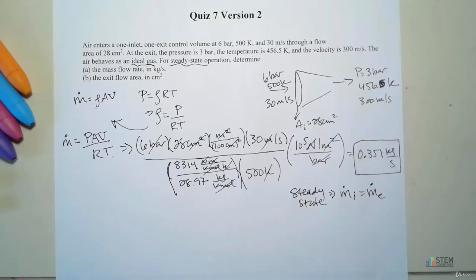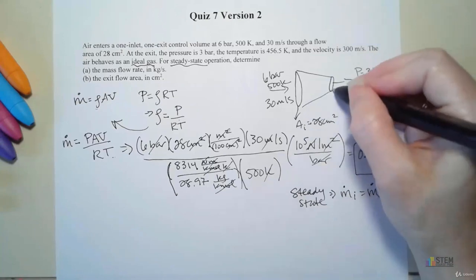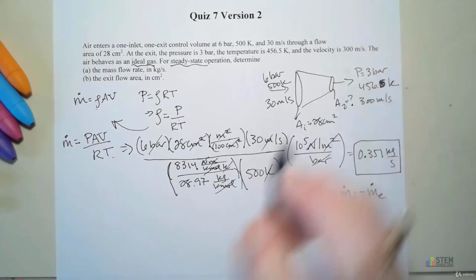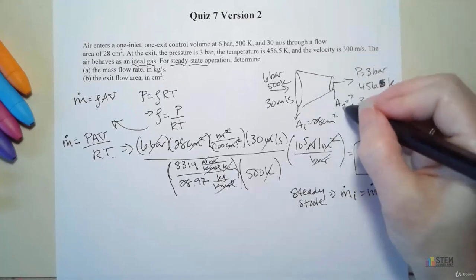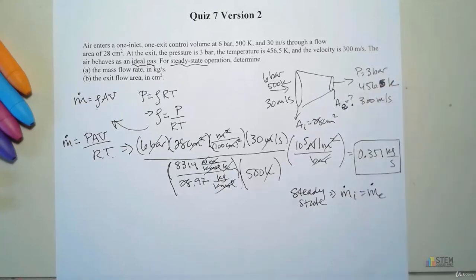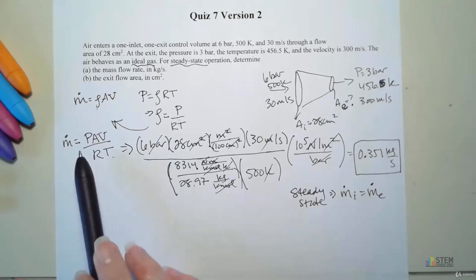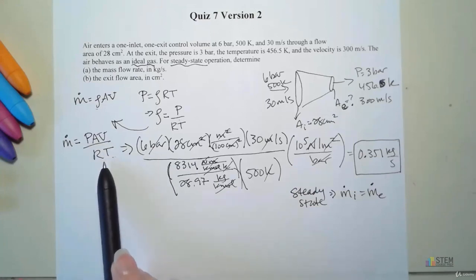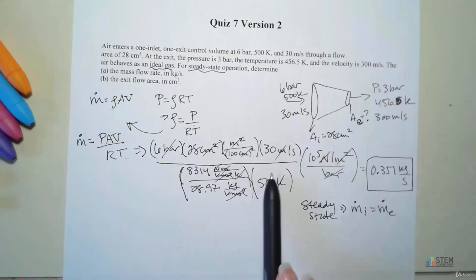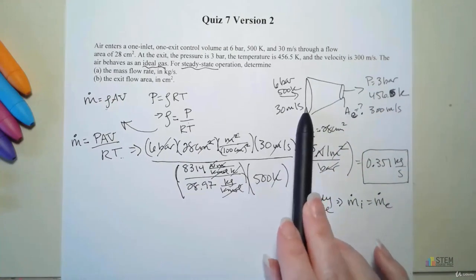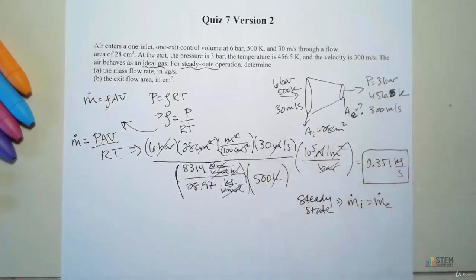Now for the second part, we want to find the exit area. We can call it A_E. We need to find that. So let's use this same equation here, but let's use the conditions at point 2, or at the exit. For the first part, I just used the conditions at 1, or at the inlet, because we had that area available.